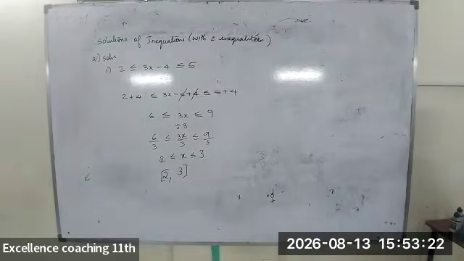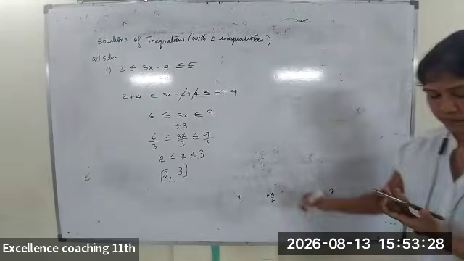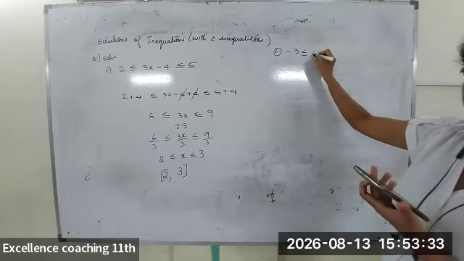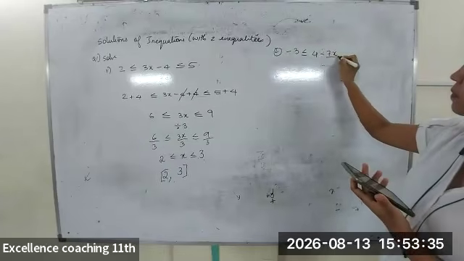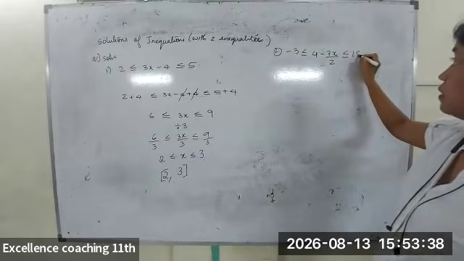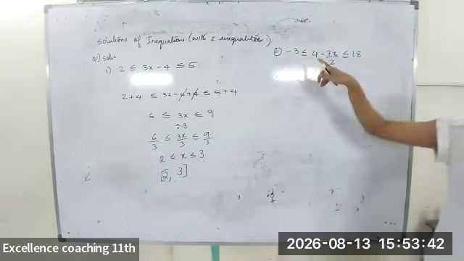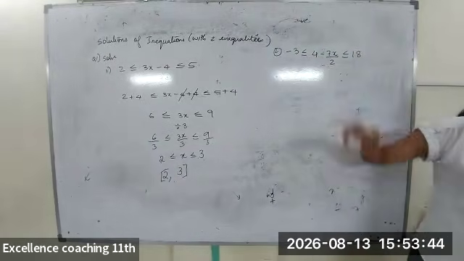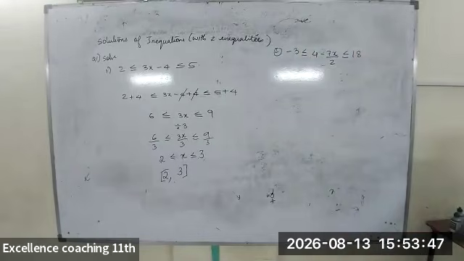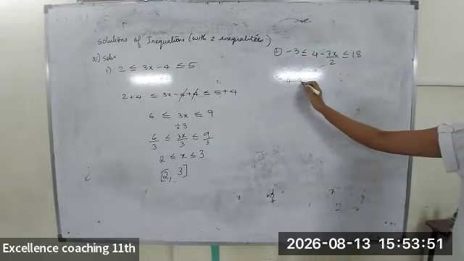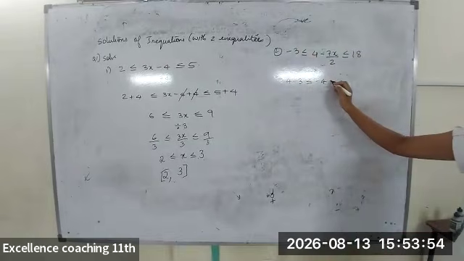Now same way to the next one. Minus 4, minus 4, minus 4. Everywhere you do minus 4 to eliminate plus 4. Wherever you write, it's okay.